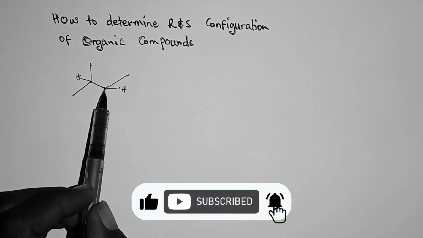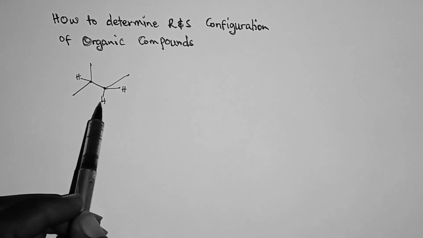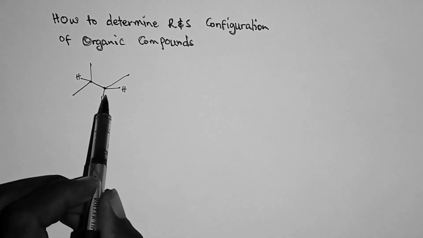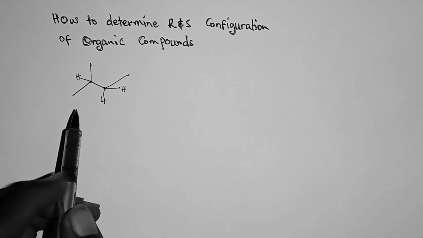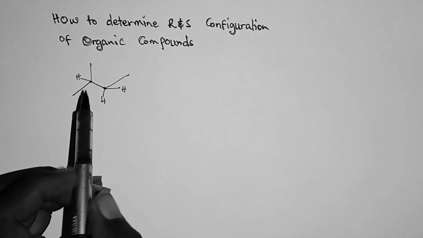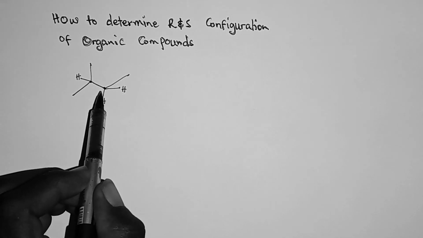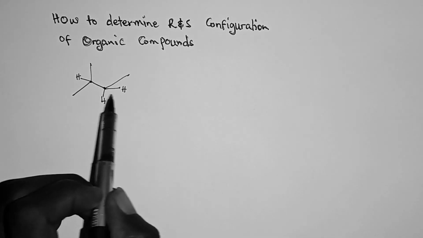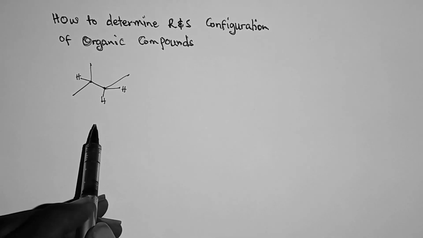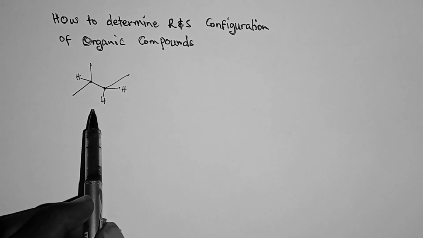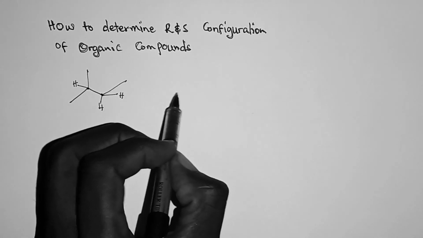Because we also have 2 groups that are the same on this carbon, this carbon is also not a chiral center. A molecule that does not have a chiral center is an optically inactive molecule, except for a few exceptions. Let's also consider this molecule.